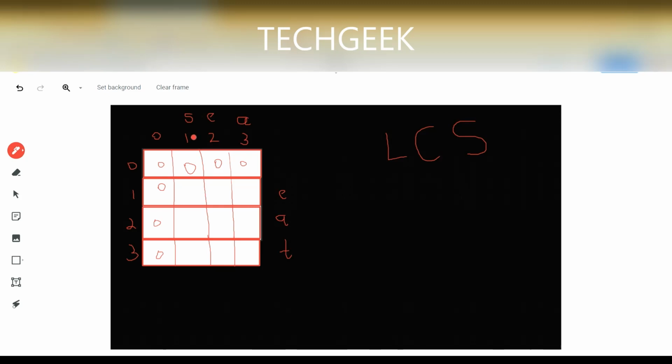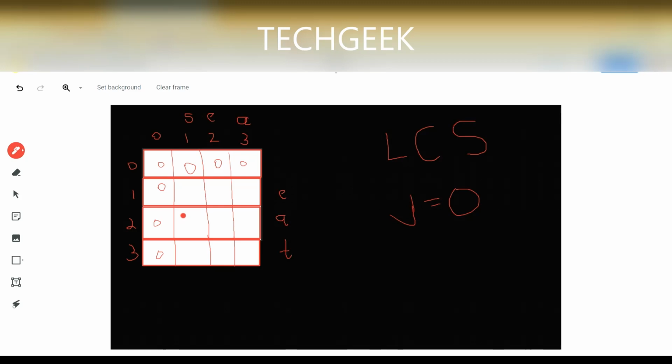Now what I'll do, I'll take a 2D array that has the number of rows as n plus 1 and columns m plus 1. For i equal to 0 and j equal to 0, that's for the first row and first column, make it as 0.